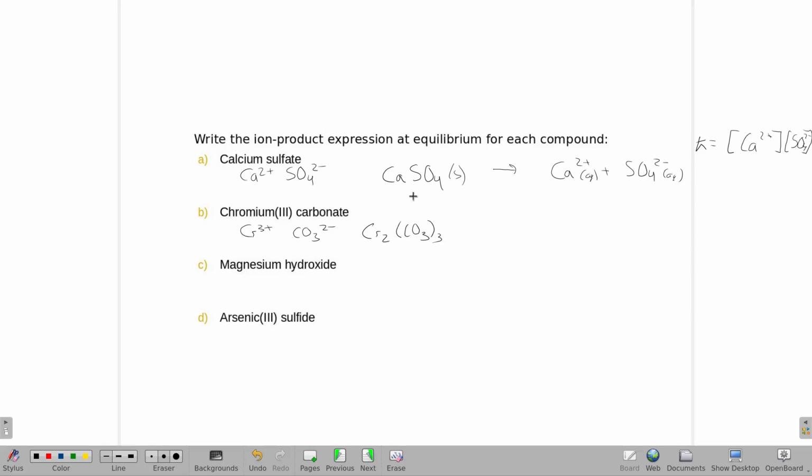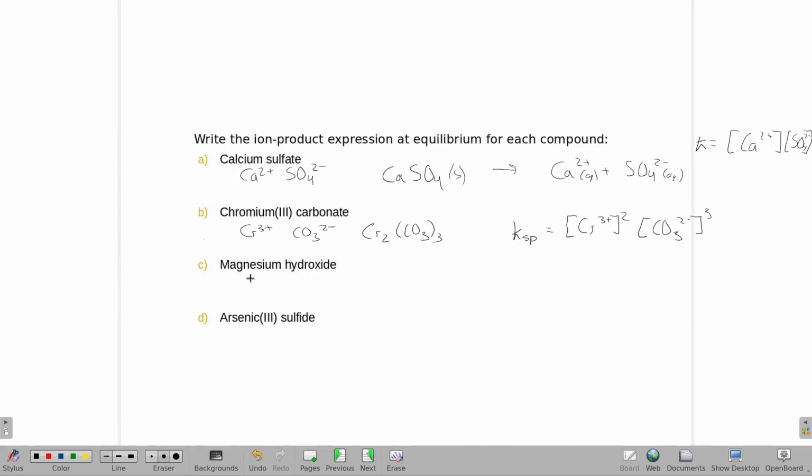It would have a K, more specifically a solubility product K, that has just the chromium, and it would have 2 of those, and the carbonate would have 3 of those in the formula, and that would be the only thing for the KSP.